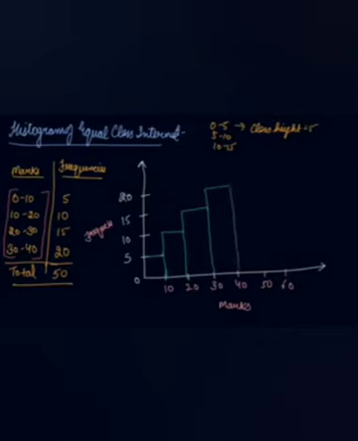So, there is no gap between the rectangles. These are continuous from 0 to 10, 10 to 20, 20 to 30, 30 to 40. In this way, you make your histogram. Here the frequency is 5, here it is 10, here it is 15, here it is 20. So these are your equal class interval histograms.